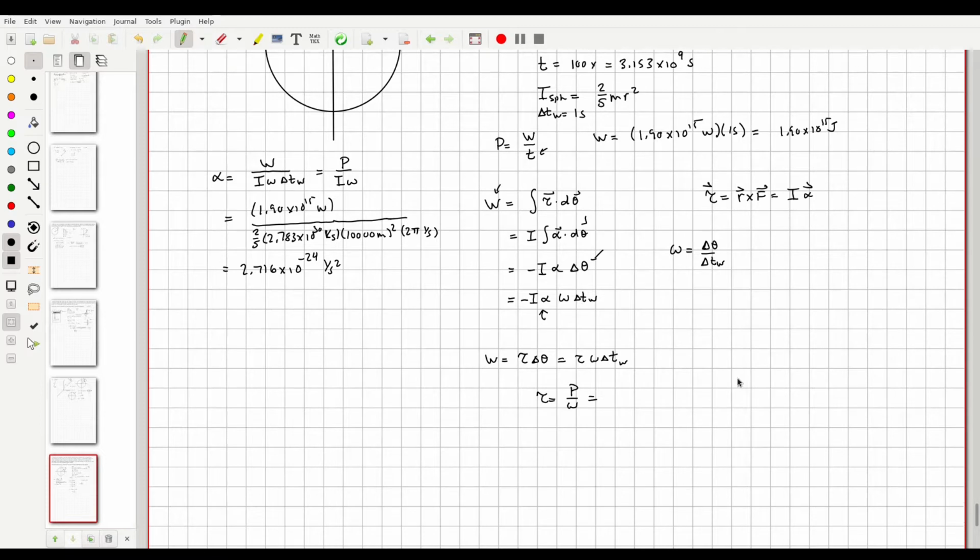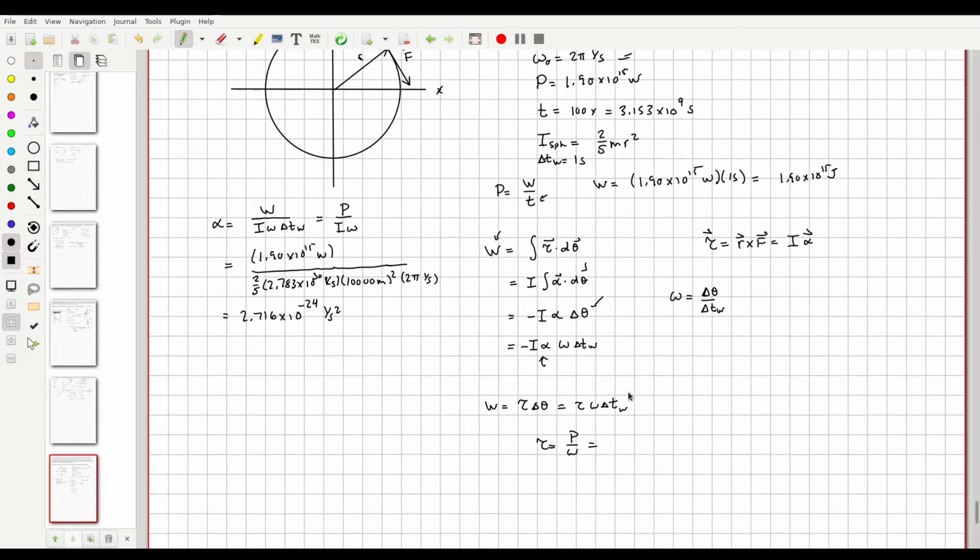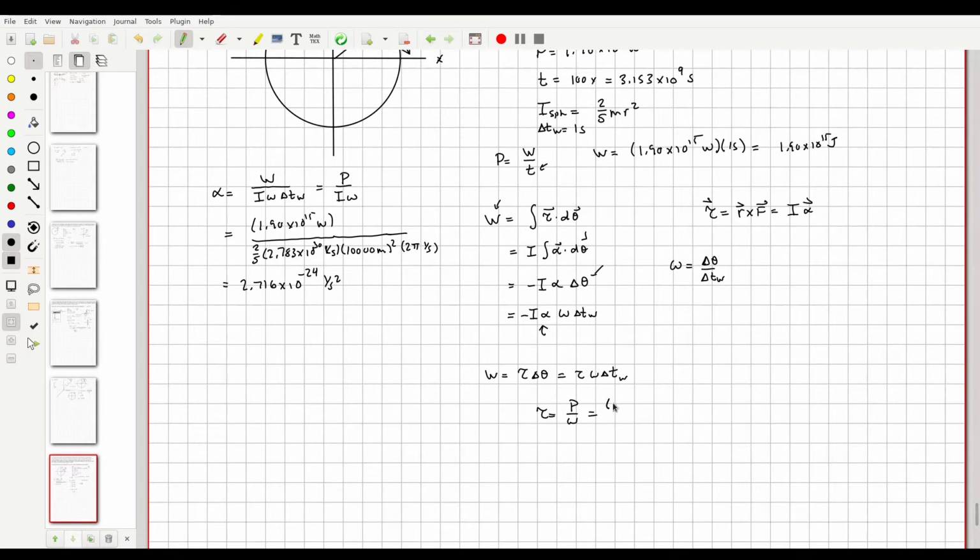Okay. So our power here is, again, 1.90 times 10 to the 15th watts. And our angular velocity is 2 pi radians per second.